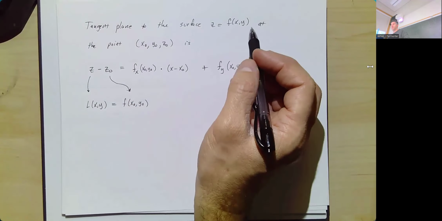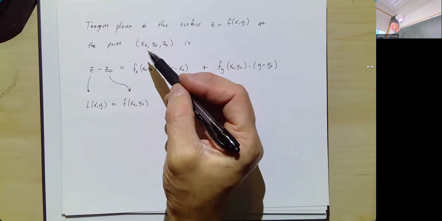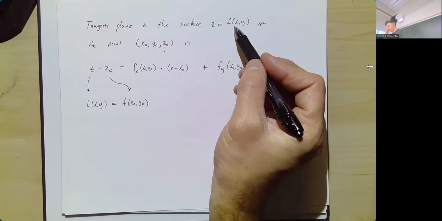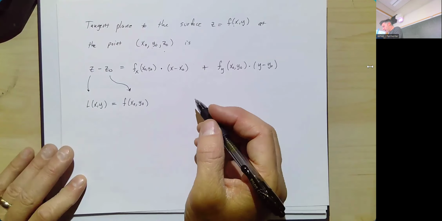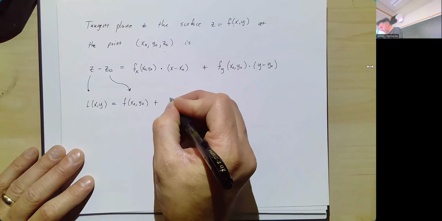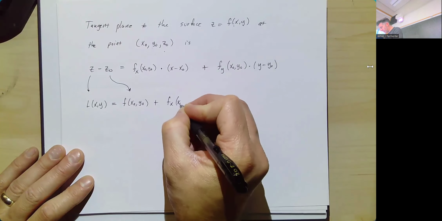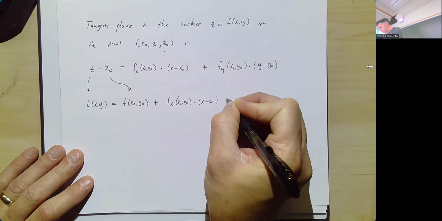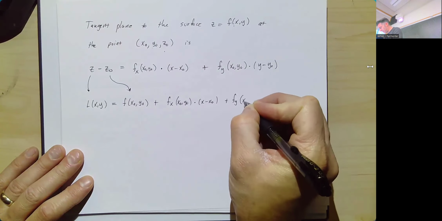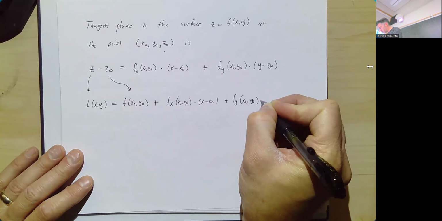If z equals f of x, y, and we have the point x naught, y naught, z naught, we plug in x naught for x and y naught for y, we should get z naught for z. And then plus f_x at x naught, y naught times x minus x naught, plus f_y evaluated at x naught, y naught times y minus y naught.